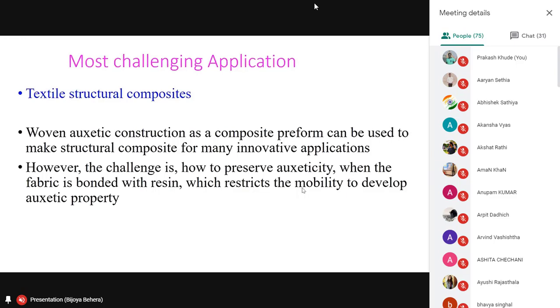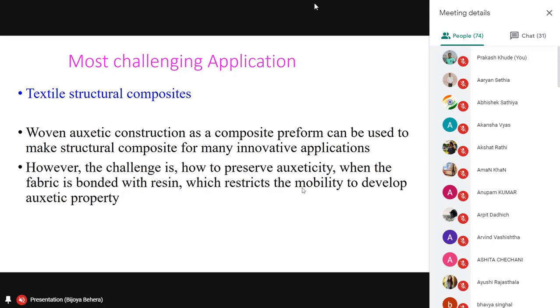So if you can have a special kind of resin which will have exactly similar tensile behavior to the auxetic woven preform, then you will find excellent auxetic textile structural composite which can be used for many purposes.